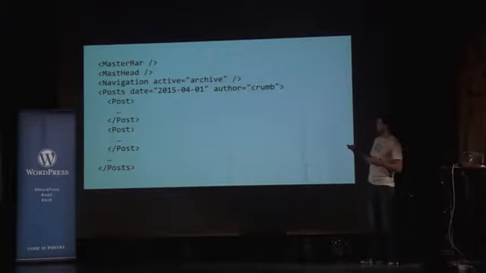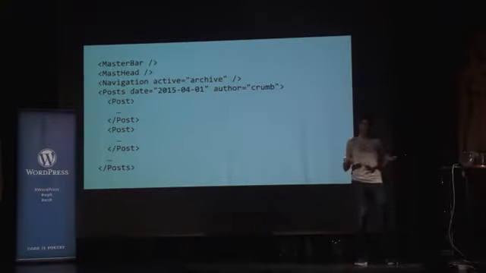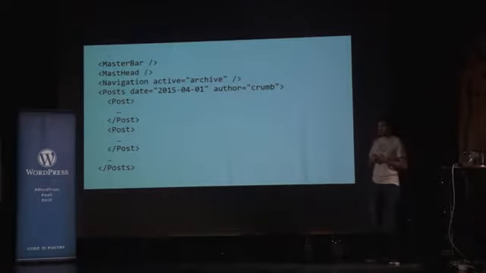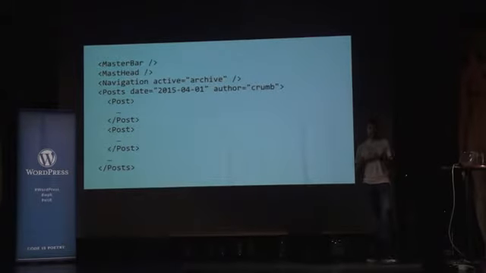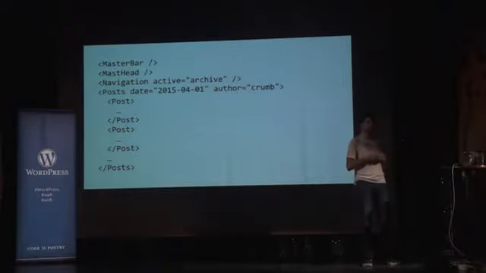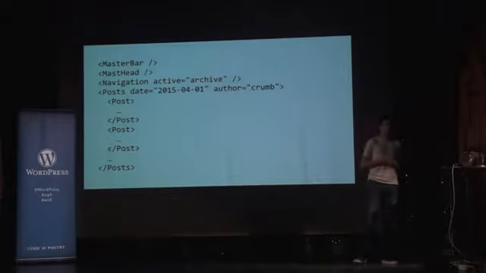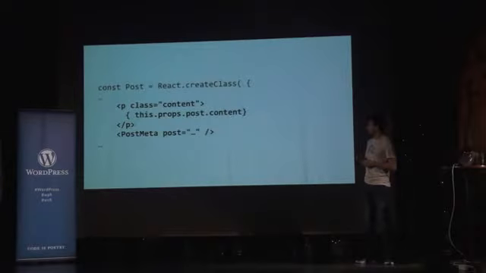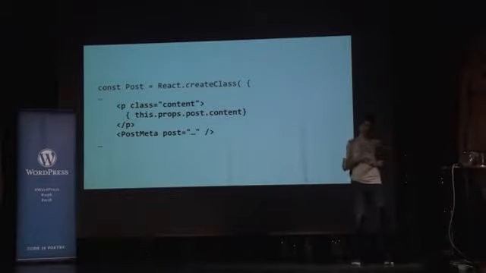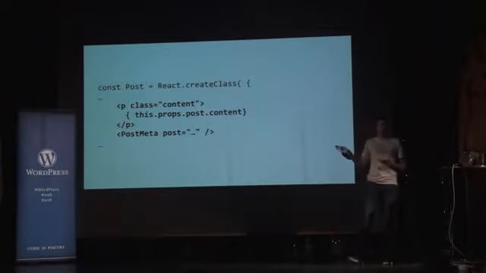See, you can have a master bar, then you can have a masthead, then you can have a navigation, and any one of those can mean whatever you want. It can have as much HTML or JavaScript as you want. And of course, inside you can have just plain paragraphs and text.